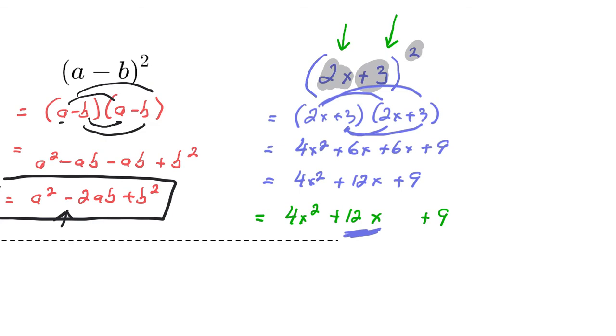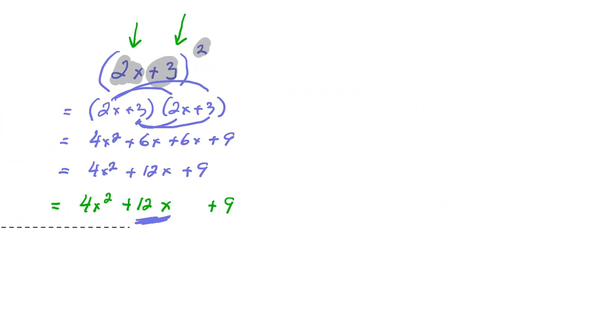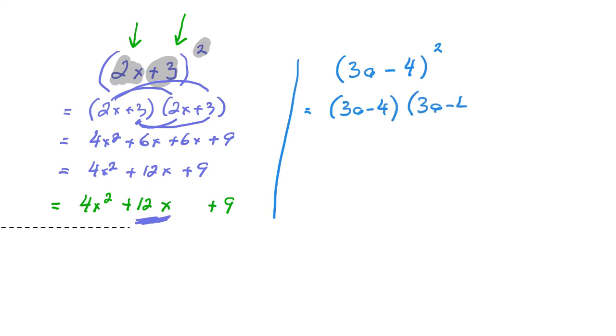I'm going to do another one. Let's do 3a minus 4 squared. And again, I'll show it two different ways. You can expand it and multiply, or take the first term and square it. Take the last term. The last term is negative 4.